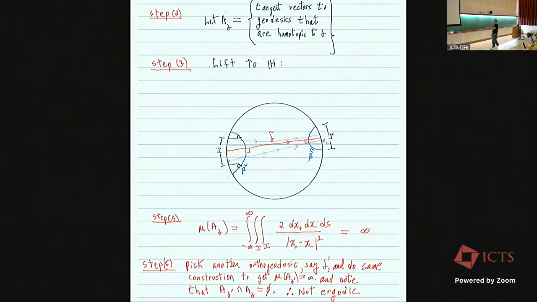So this measure is not zero, and its complement has infinite measure also because it includes this. So not ergodic for that reason. Okay, it's a very easy example, but just to give you a feel of computing with these coordinates.